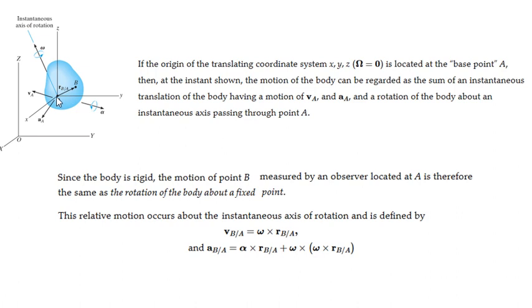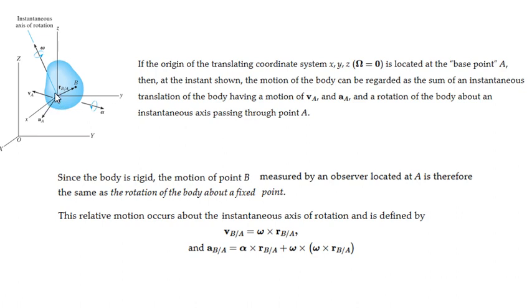So therefore, you put the origin at that point, and we call that the translating coordinate system. System means you have more than one part. Now you have 3 parts, which is your x, y, and z axis on that point that we're putting to analyze everything that we want to know of the motion of all other points. Of course, in this case, we pick only one single point, which is B. So now the base point becomes a fixed point because that's the point where all of your axes cross.